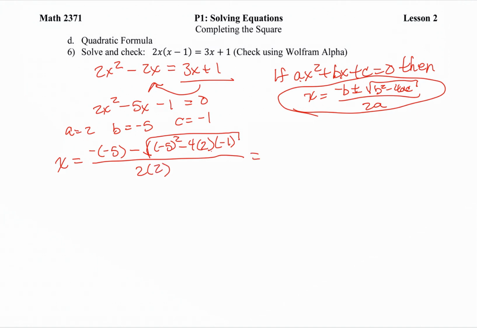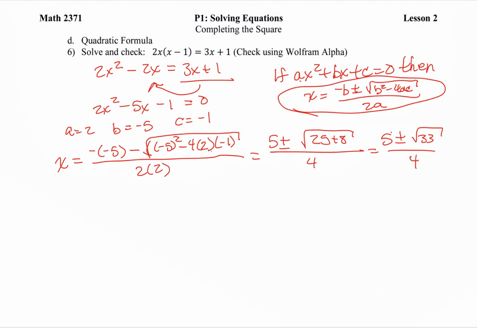So this is 5 plus or minus the square root of 25 plus 8 over 4. So that's 5 plus or minus the square root of 33 over 4.